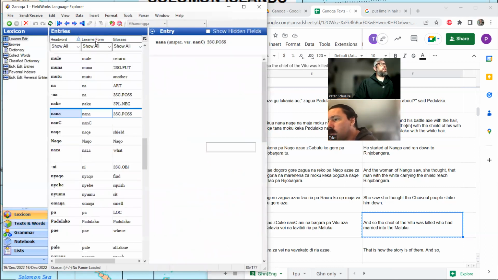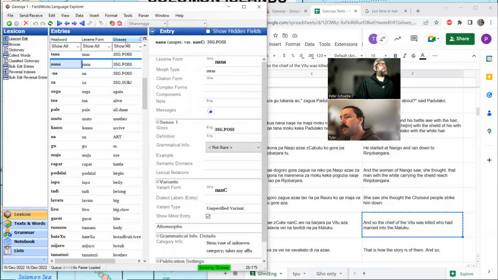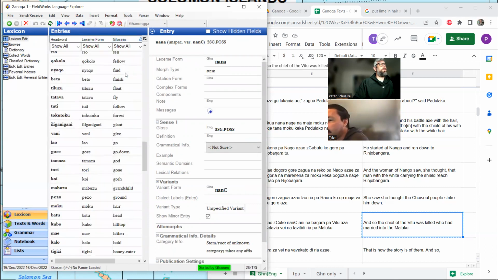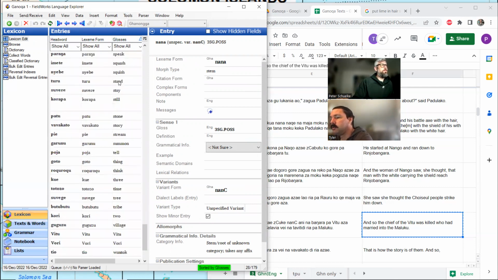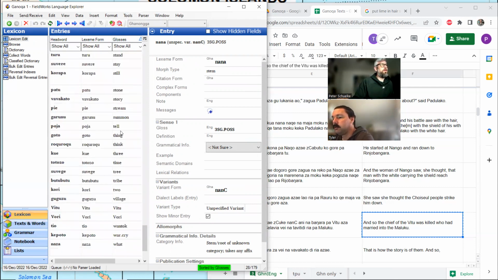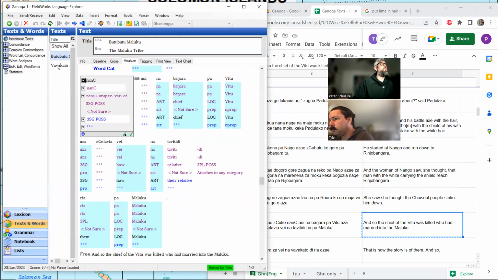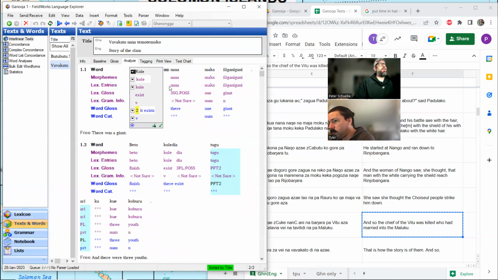So we go to lexicon. Who had married? I don't have there or this anywhere in here. Oh, sure, we had something like that. I'm going to go to text and words. I'm going to go to story 1 because I know it's right in the beginning.